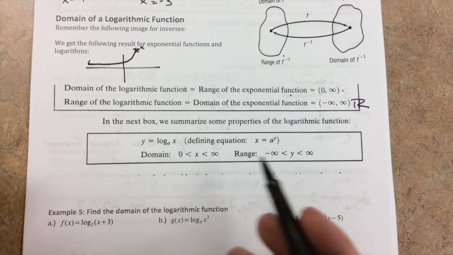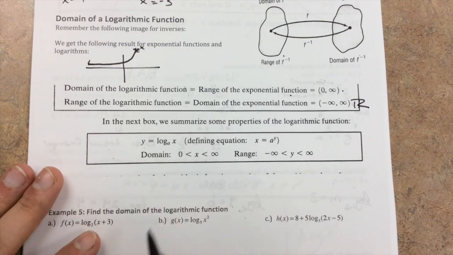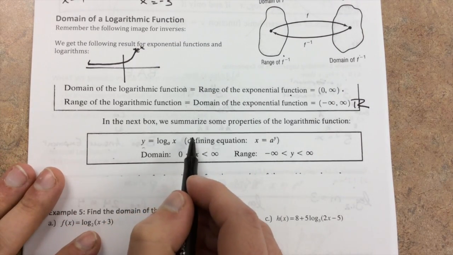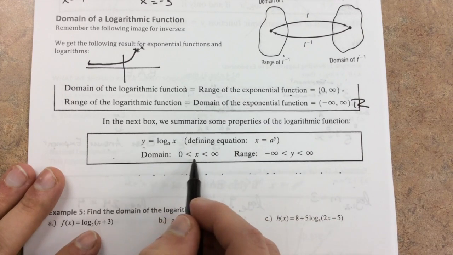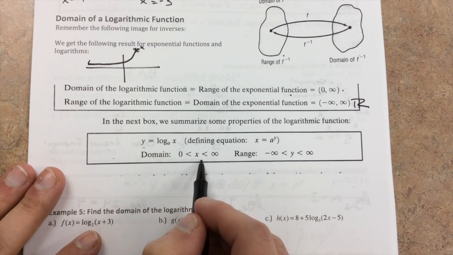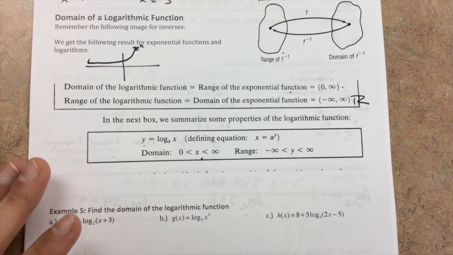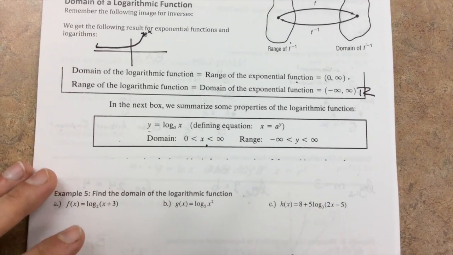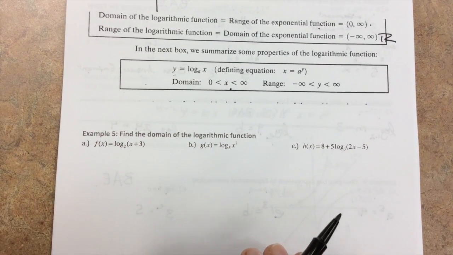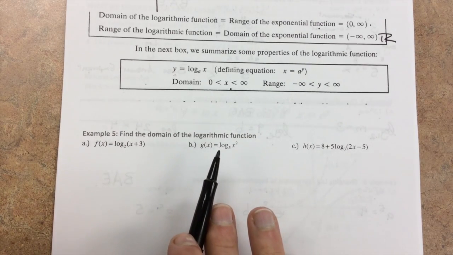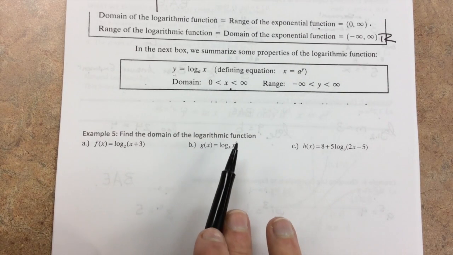So in the next box, they summarize some of these properties. Y equals log base a of x, where the domain is anything positive and the range is anything in the real numbers. So find the domain of the logarithmic function.